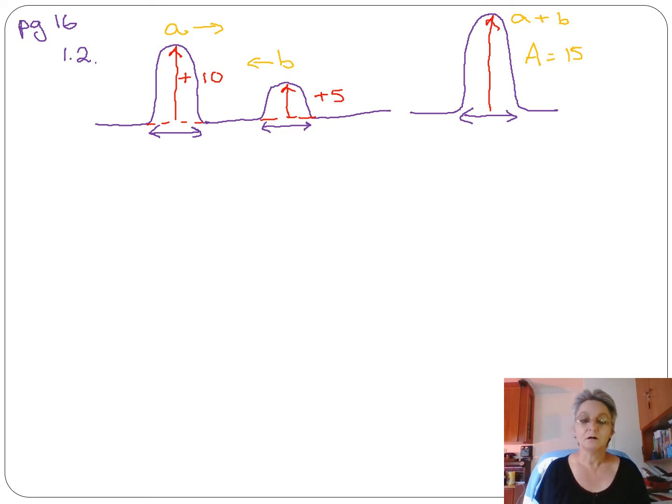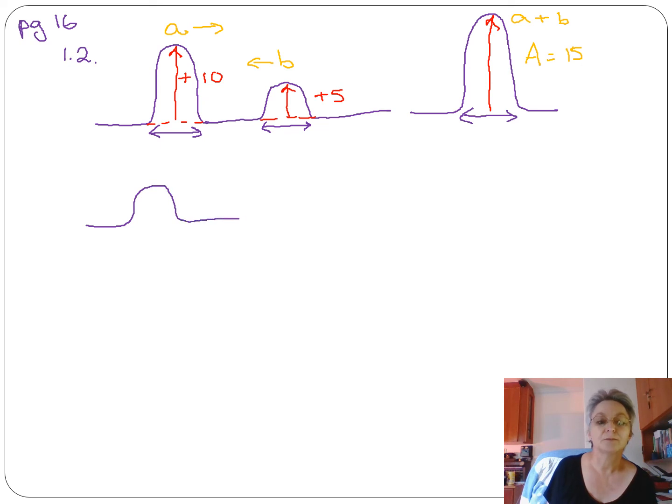Right, then after the superpositioning, pulse B would be on this side and pulse A would be on that side. They would not change during the superpositioning, so this one should have a +5 amplitude and that one should have a +10 amplitude.